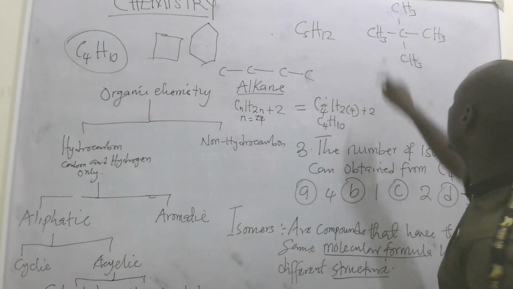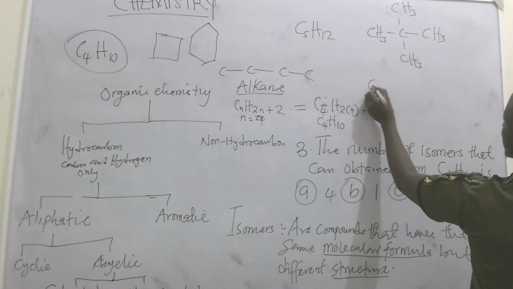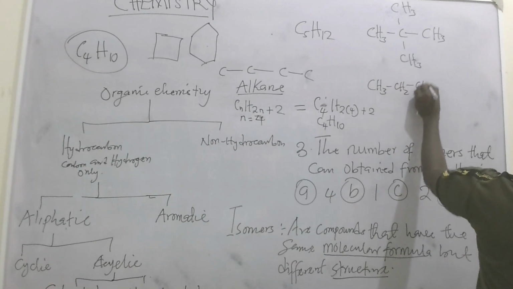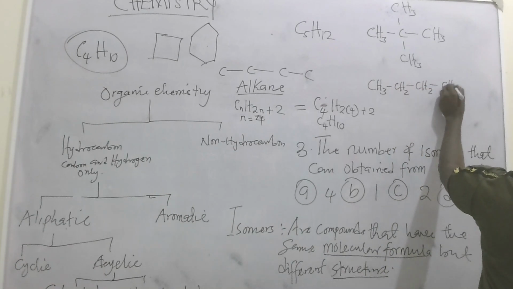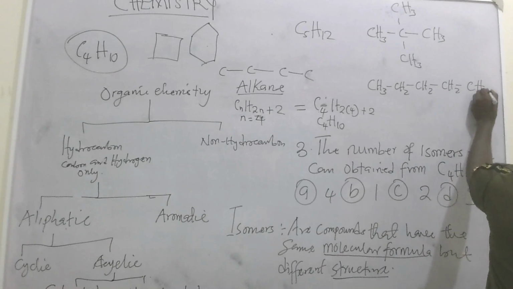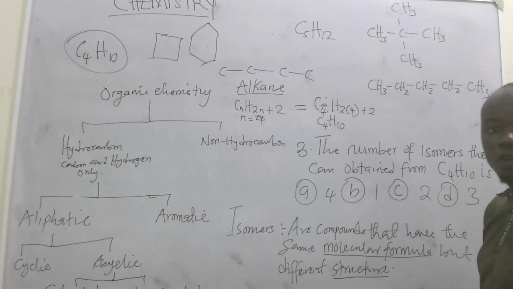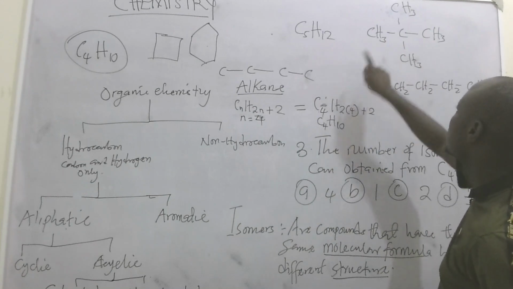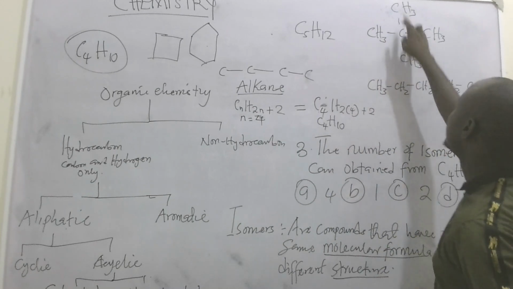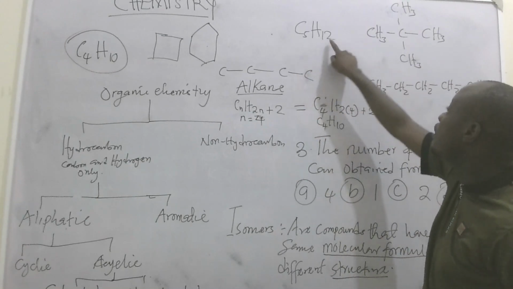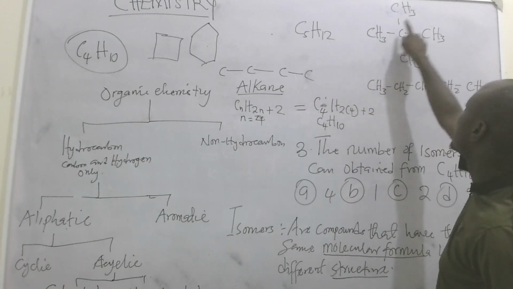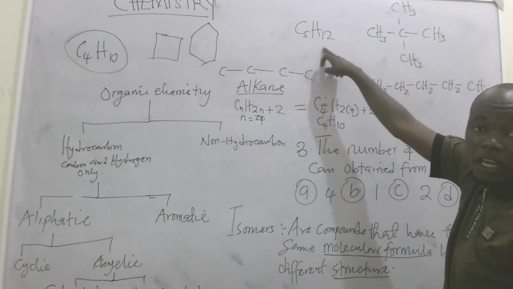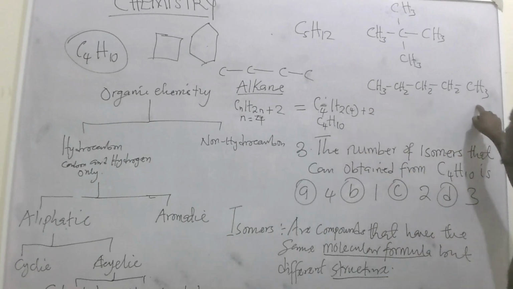And of course it can be something like this, CH3, CH2, CH2, CH2, and CH3. Let's count the number of carbon. We have 1, 2, 3, 4, 5, so we have 5 carbon here. Then hydrogen, we have 3 here, making 6, making 9, 12. So there are 12.